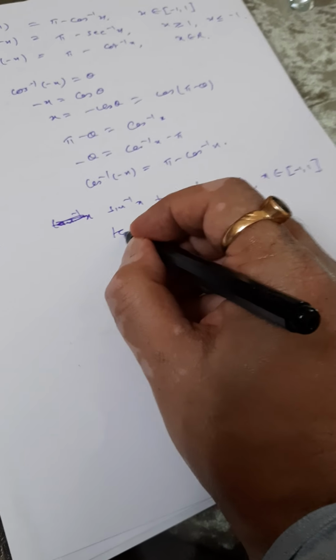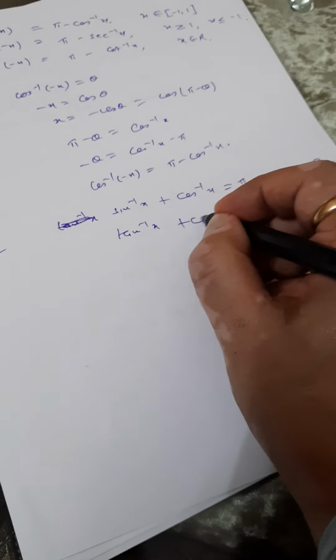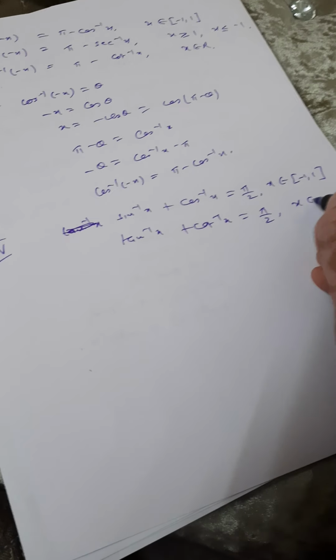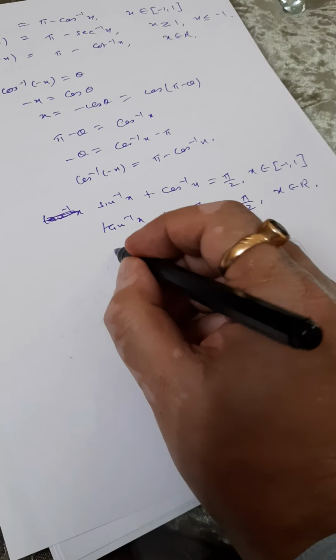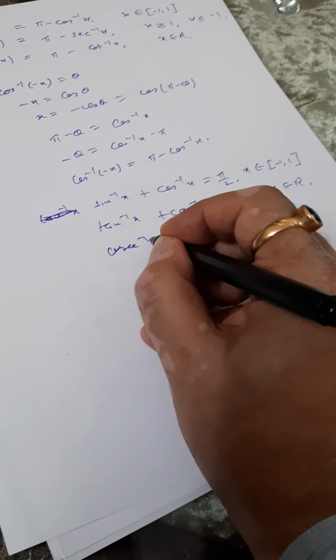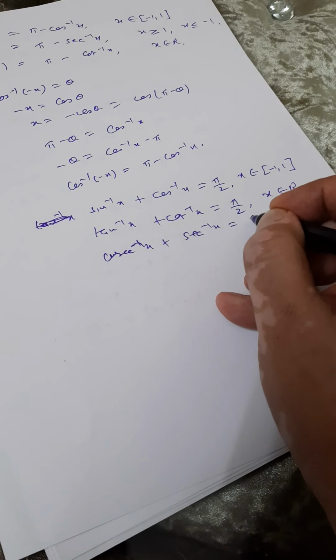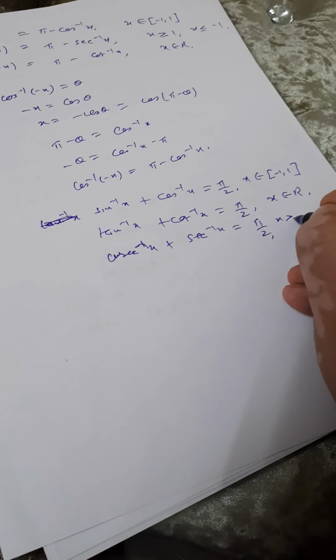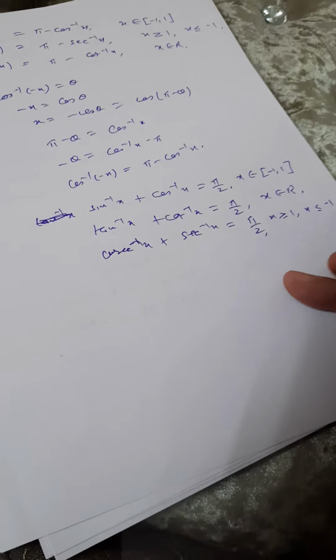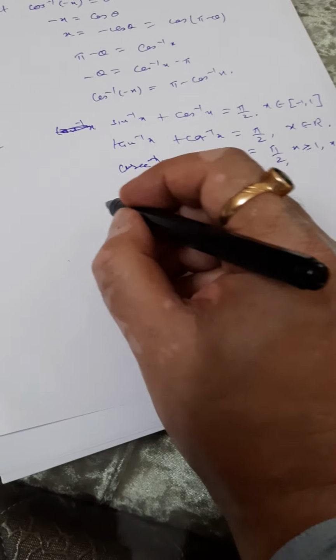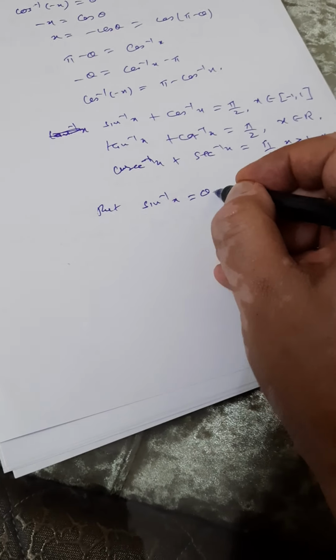Tan inverse x plus cot inverse x equals pi by 2, x belongs to R. And cosec inverse x plus sec inverse x equals pi by 2, x is greater than 1, x is less than minus 1. Now here you put sine inverse x equals theta.